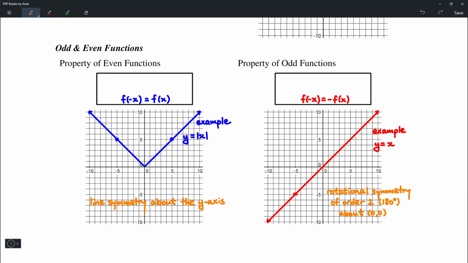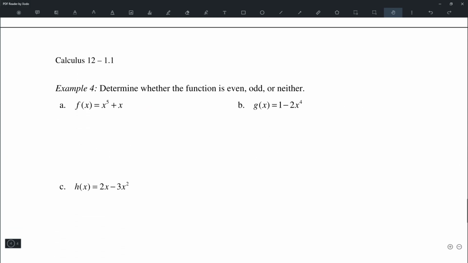Now, for the next part, we're going to look at some different functions and try to determine whether they're odd, even, or neither. So how this works is we're simply going to find out what f of -x is for each function. So here we have -x to the 5th power plus -x.